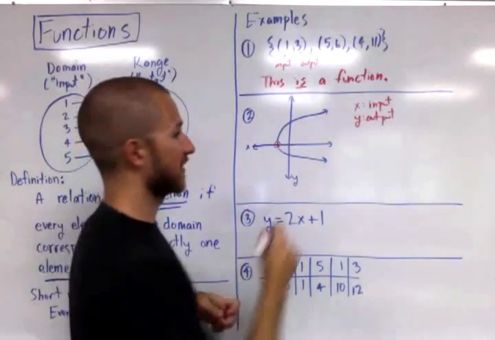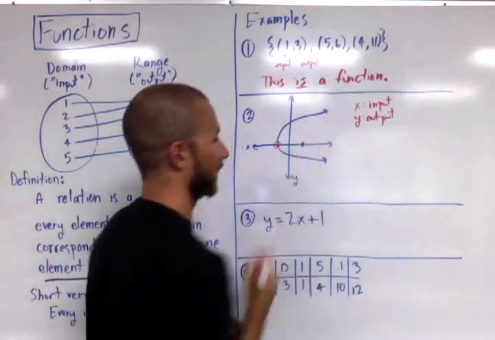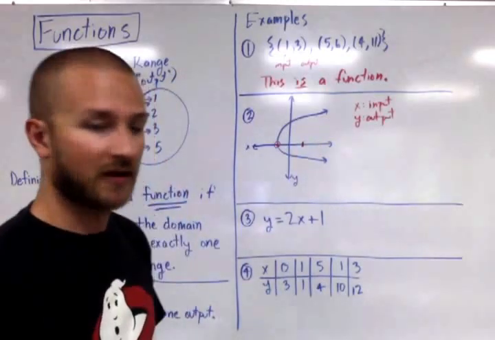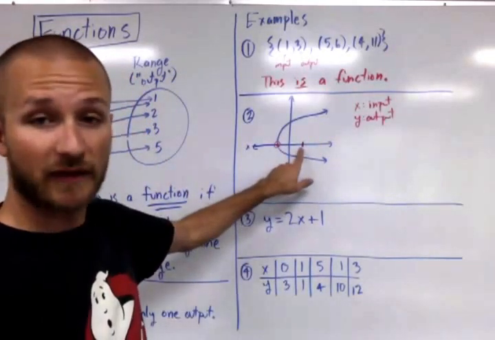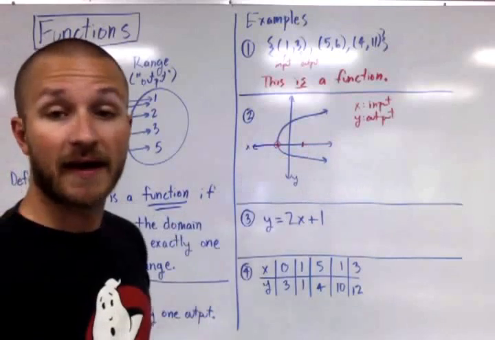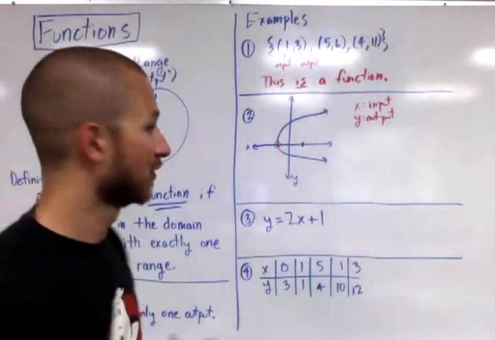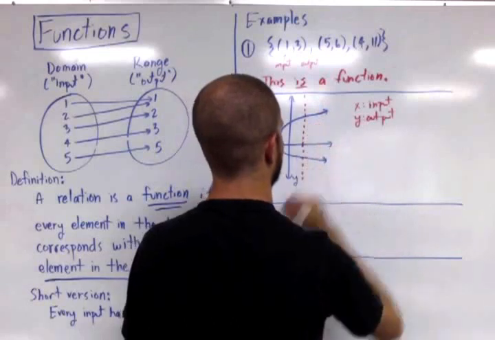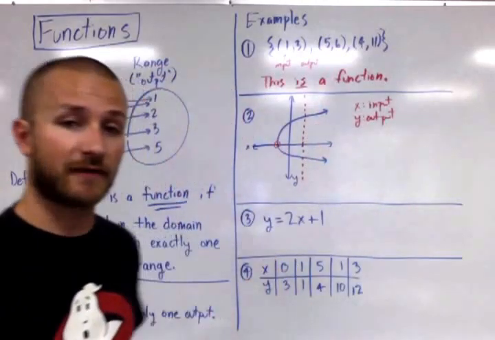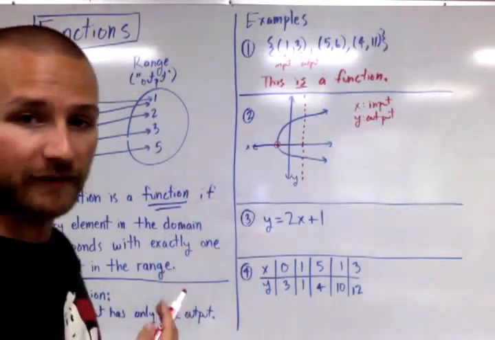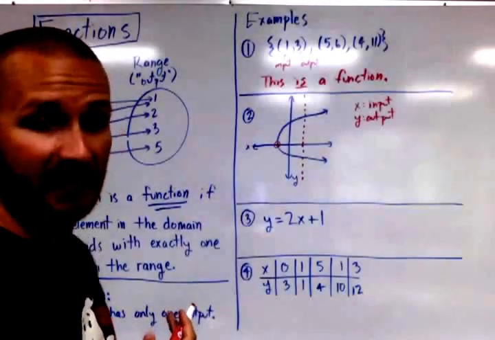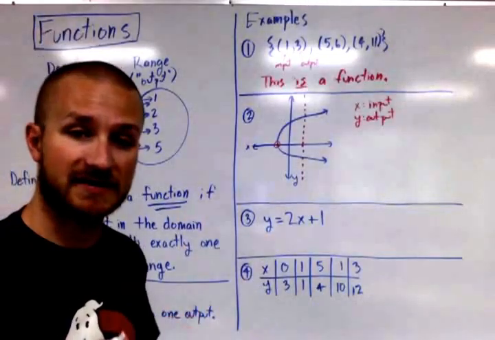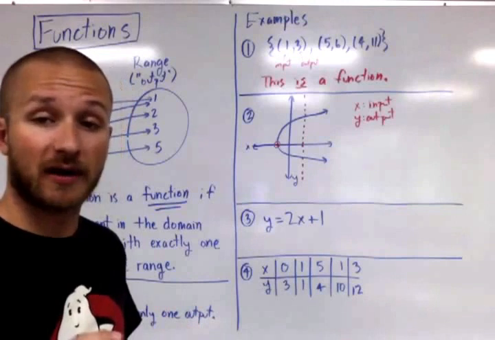But if I choose, say, right there, I can look at going that much over on the x-axis and say, okay, that's my input. How many outputs does that have? So we look on the entire graph for, when you go that far away from the origin horizontally, how many different y's match up with that? And we have 2 here.